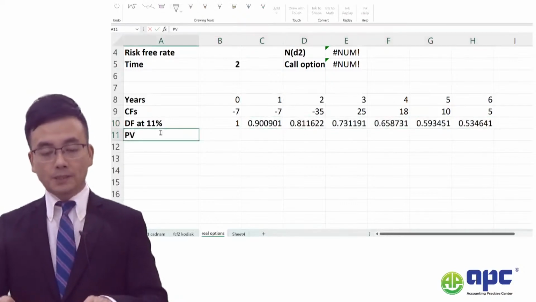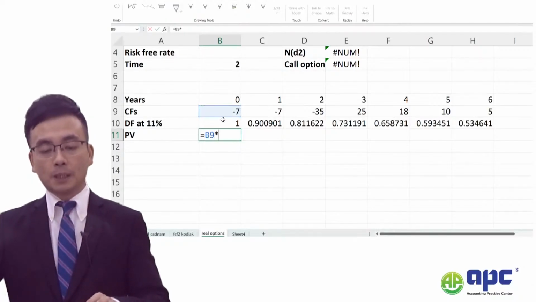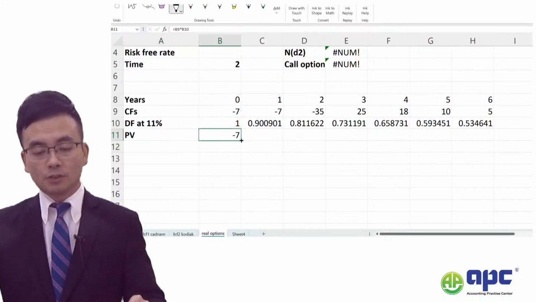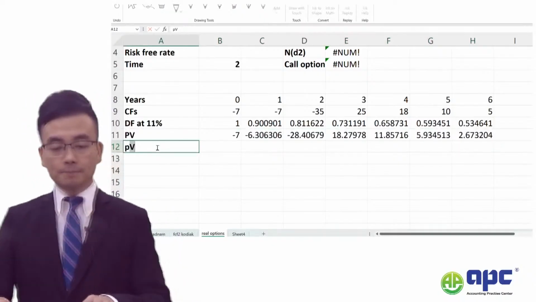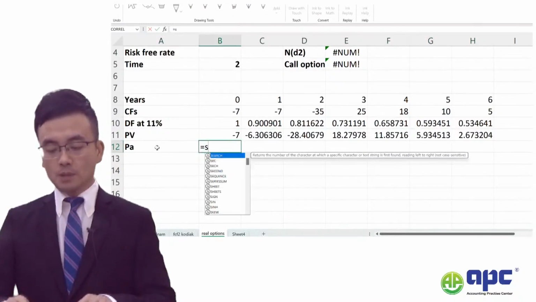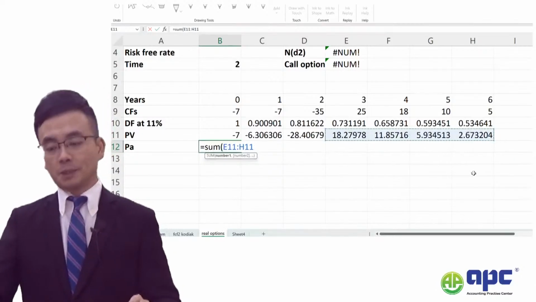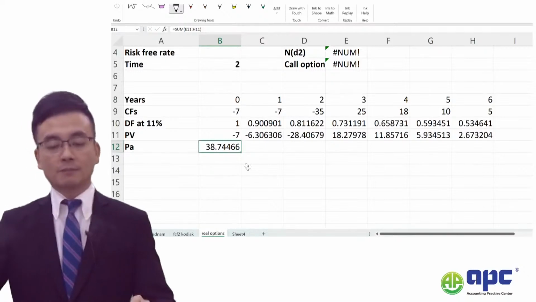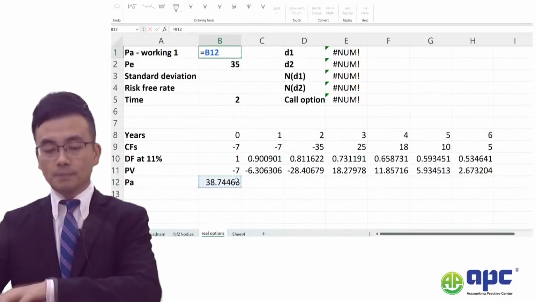So we've got present value. We take the future cash flows, times the discount factor, press Enter, and we drag it here. And that's why the PA, in the end, would be the sum of the future present values excluding investment. Press Enter, that could be 38.744, equal to this one, according to our working.